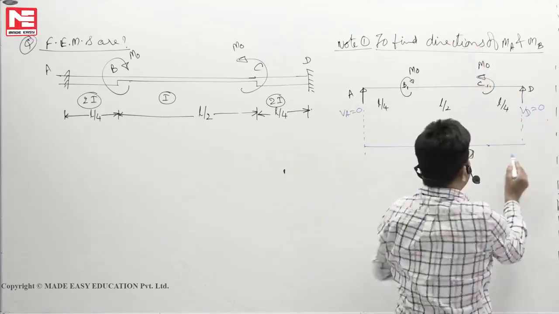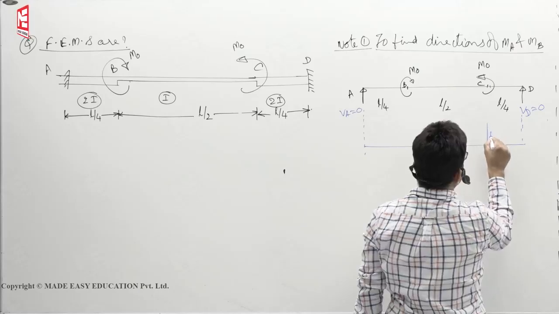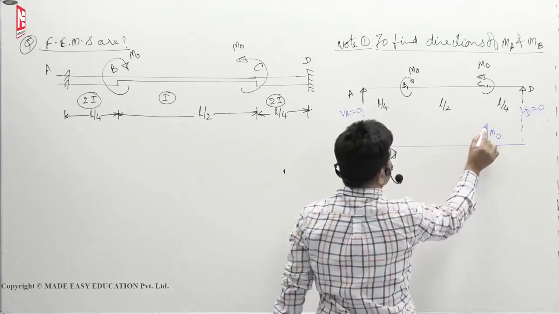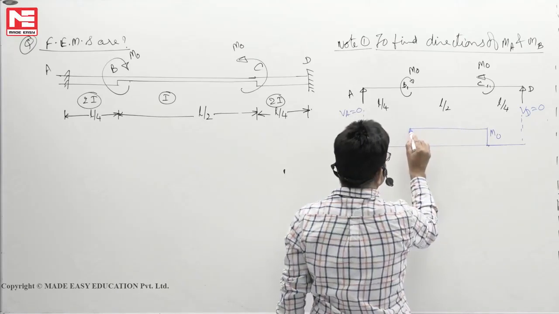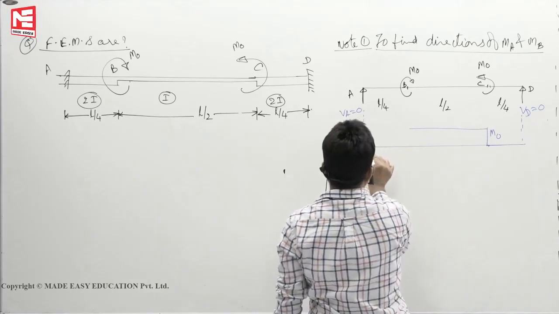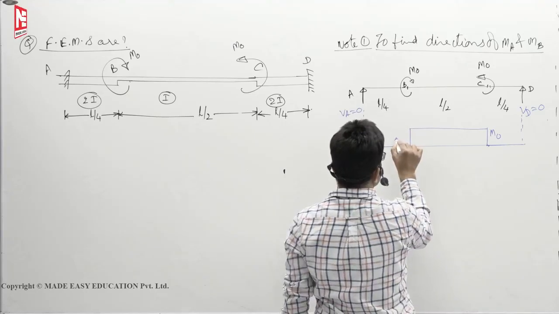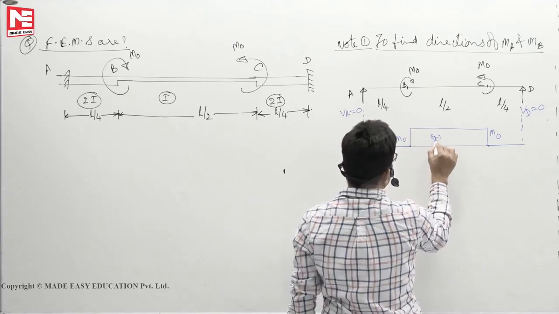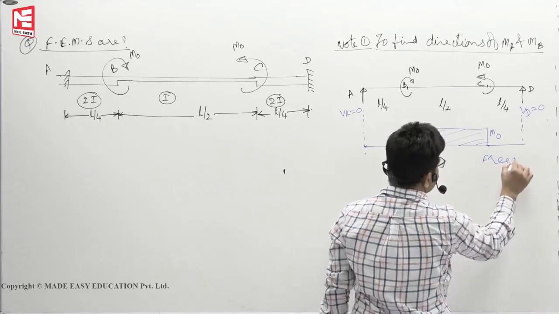M0 suddenly appeared. So up to here it is 0, suddenly it goes up to M0. Now it is constant up to here, then 0 again. This is a positive bending moment diagram. This we call the free bending moment diagram.